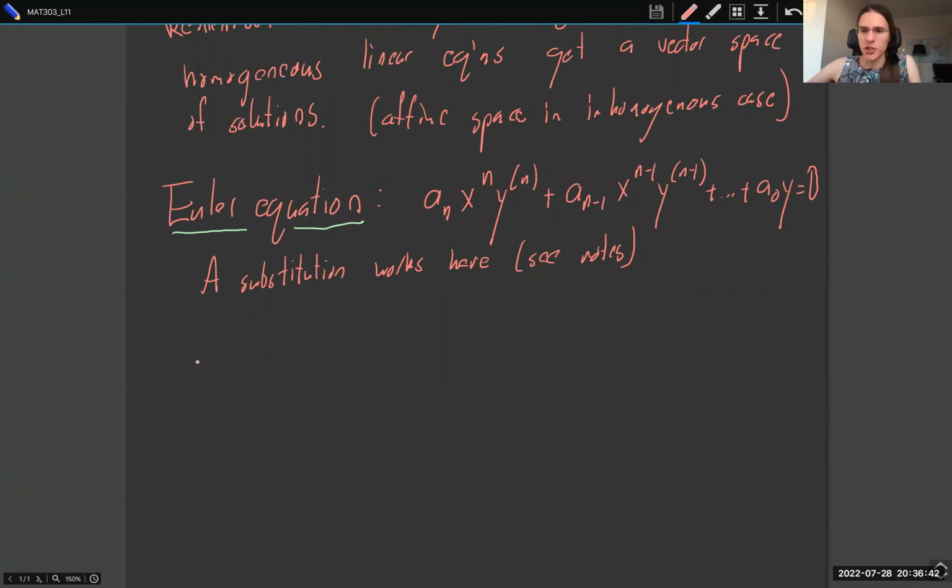Then there was the question of, well, how do we solve the inhomogeneous equation? And this was variation of parameters. So variation of parameters.